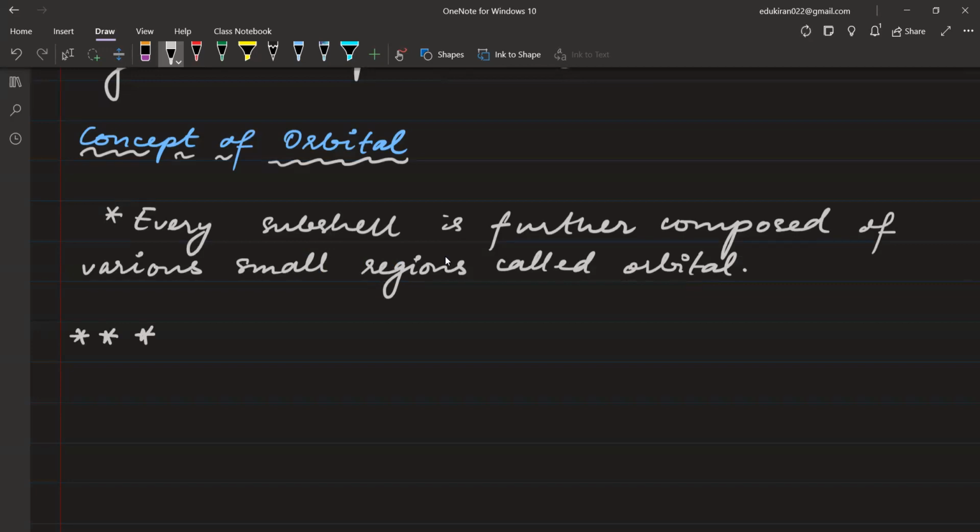Now, this is the statement when we are talking in the context of quantum numbers and orbit, suborbit, and orbital.